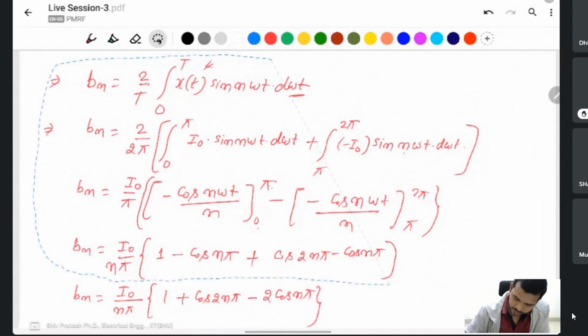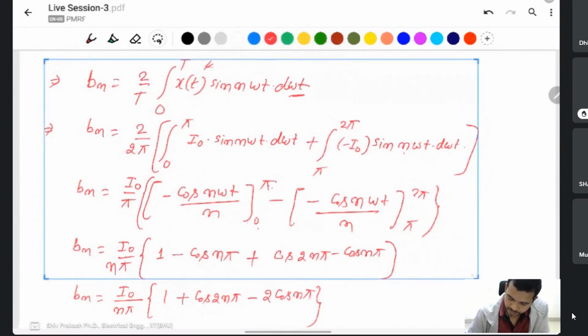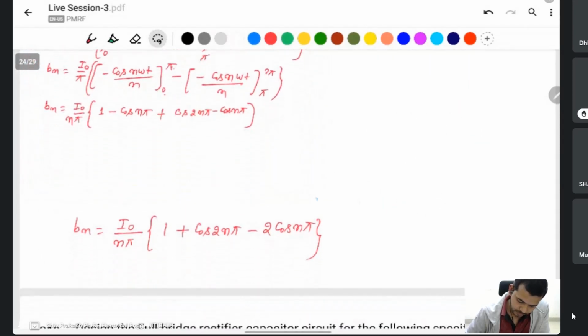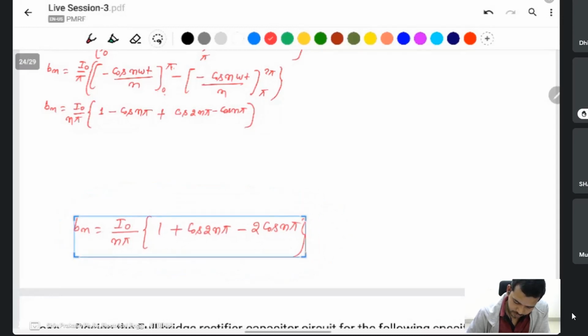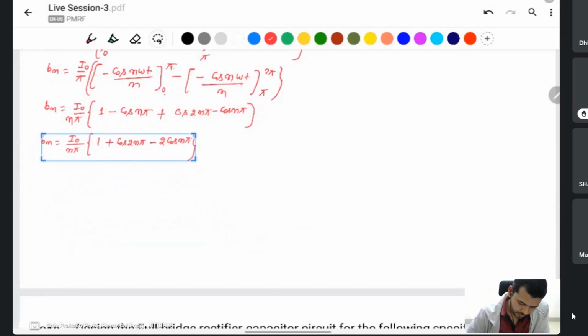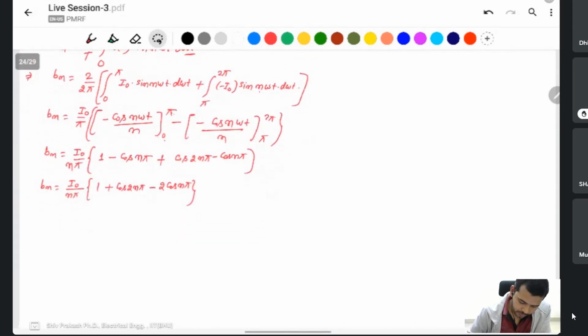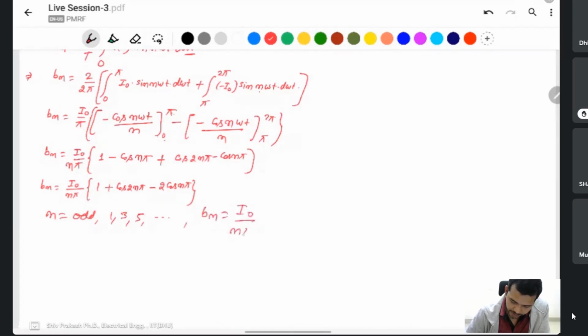Look here, if n is odd, meaning 1, 3, 5 like that, then you find bn is equal to I naught divided by nπ.